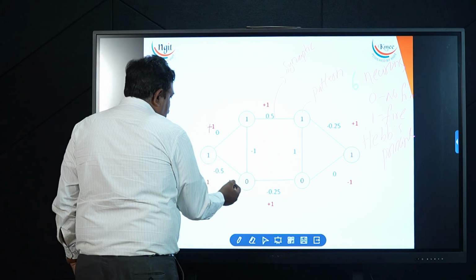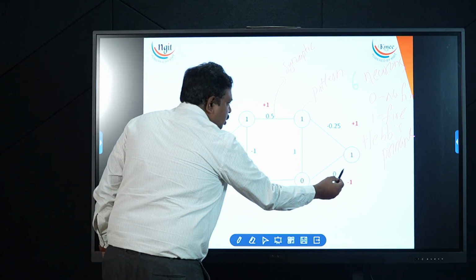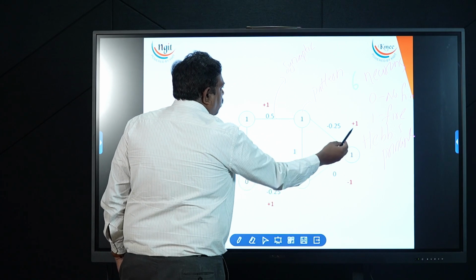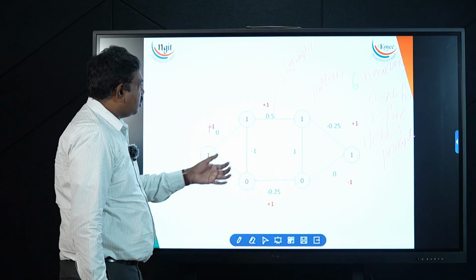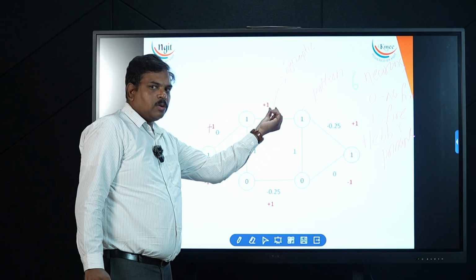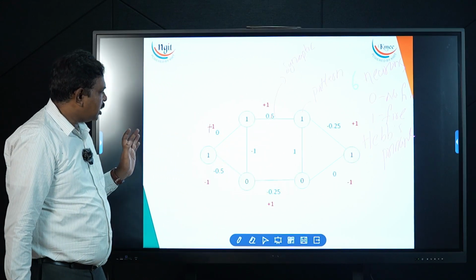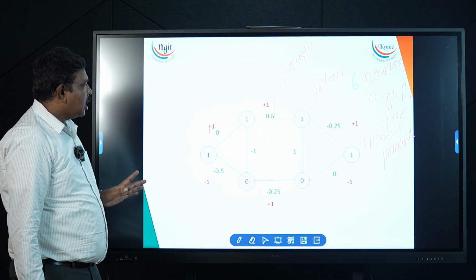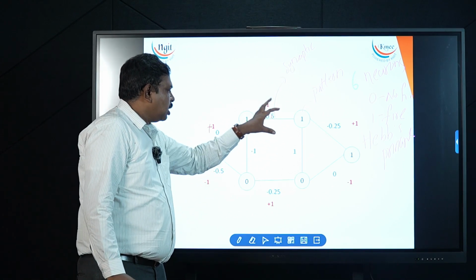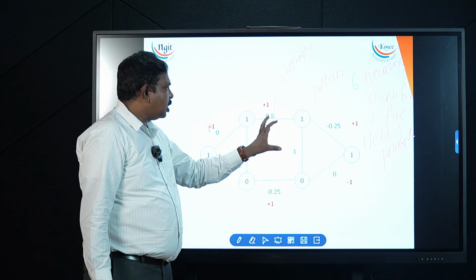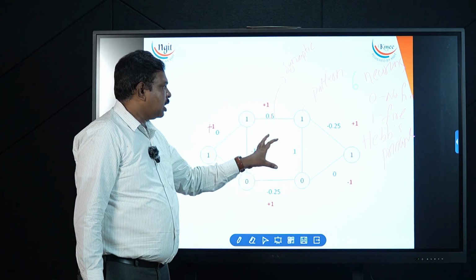See here: 1 0, I assign -1; 1 0, I assign -1; 1 1, I assign +1. That means neurons that fire together are given a +1 value. If one neuron fires and another stays idle, I give a -1 value. Like this, the Hopfield principle assigns a value to each memory in this network.